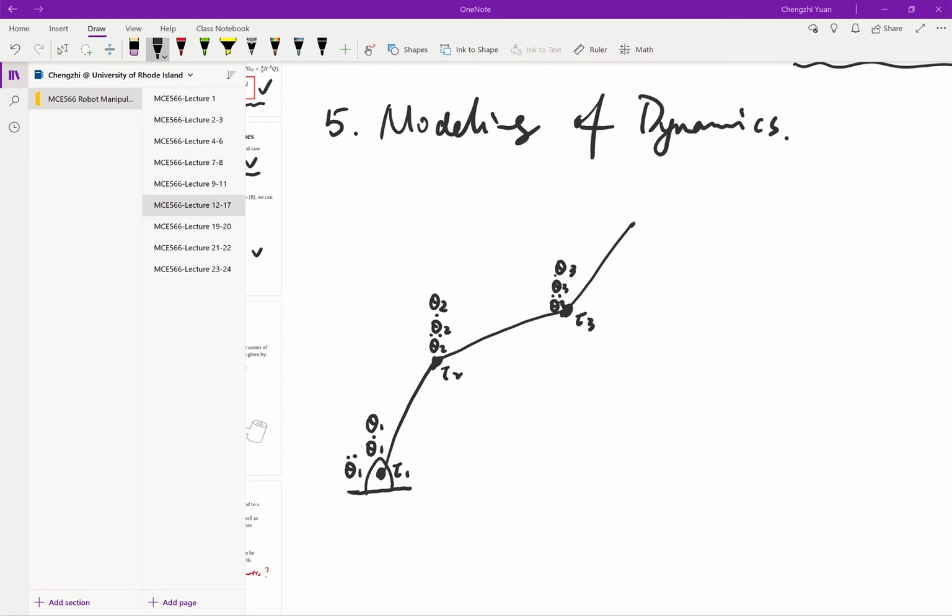So the idea here is that we are going to use the first method we learned in the previous class, the Newton-Euler approximation method.